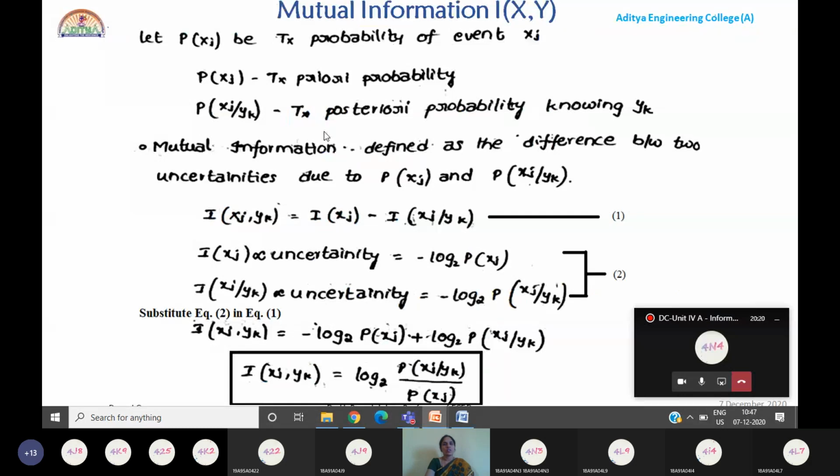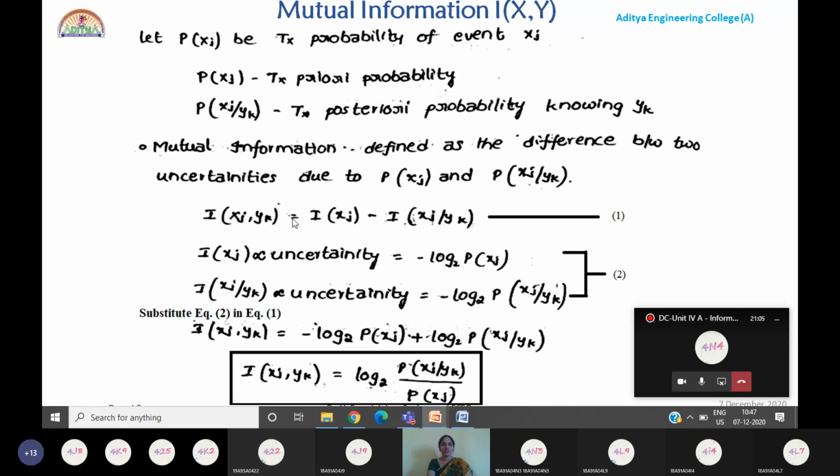Okay, so next, in the last class we already defined the mutual information. How can you define the mutual information? It is defined as the difference between the two uncertainties due to p of xj and p of xj by yk. So I of xj comma yk is defined as I of xj minus I of xj by yk. In other sense, if the receiver data, the acknowledgement, is sent back to the transmitter, the mutual information there is I of yk comma xj, that is I of yk minus I of yk by xj.